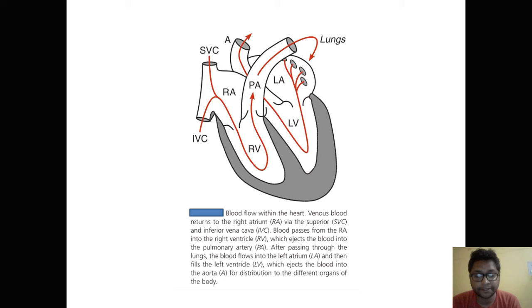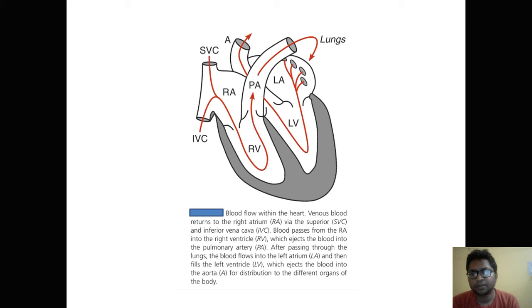Operation of the heart. Before going to the operation of the heart, we must understand that our body contains two types of blood, that is oxygenated and deoxygenated blood.